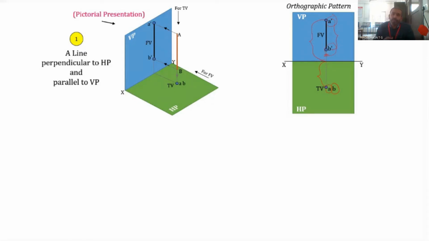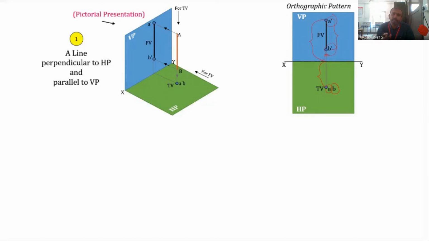For any point in orthographic projections, the front view as well as the top view will be lying in the same vertical line. That particular vertical line is known as the projector line. So the front view as well as the top view of any point will be lying on the same projector.